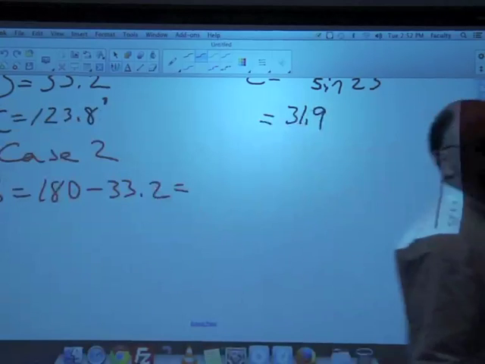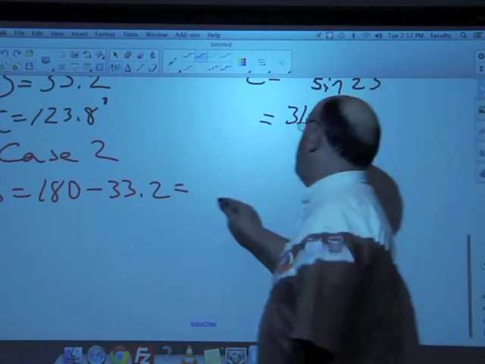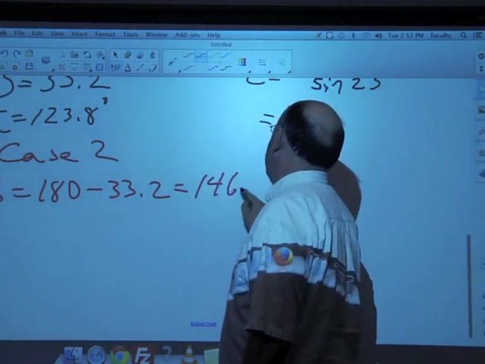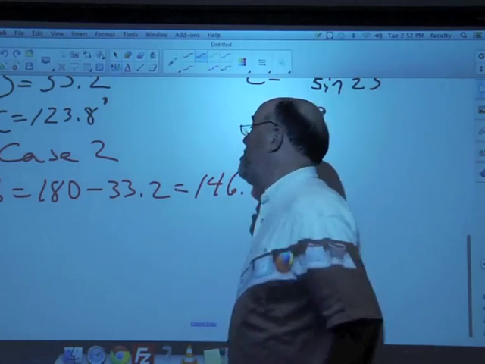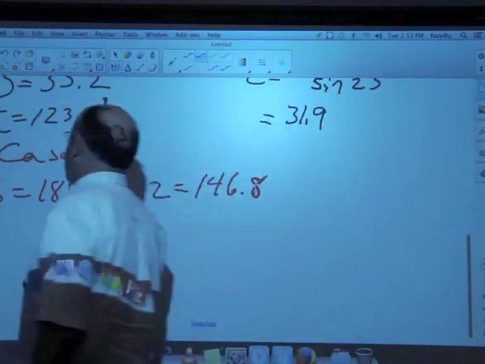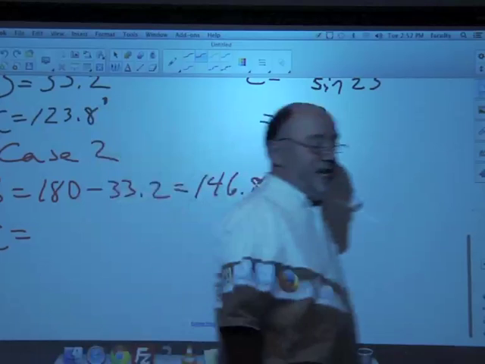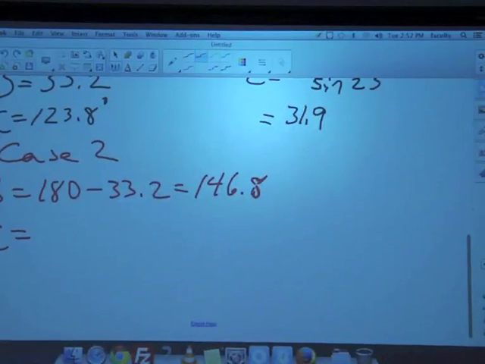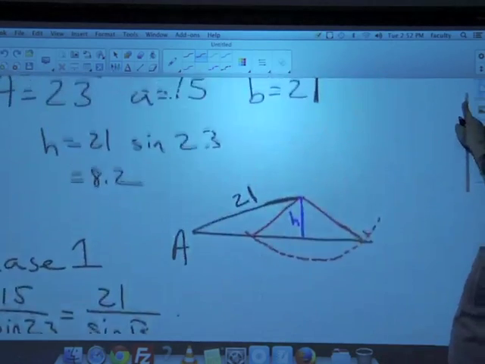So that'll be the new angle B in our second triangle, which is 146.8. Okay? And the given information is the given information for both triangles. So angle C is going to be 180 minus angle A and angle B.